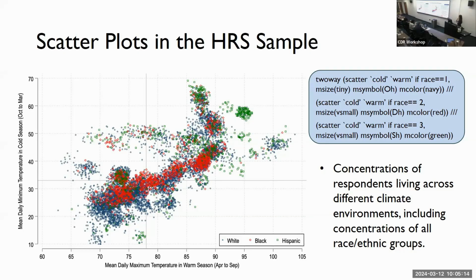And another important thing is it also has a decent concentration of all racial ethnic groups, so that we can ensure that our findings are not just about Black people living in a certain area or white people living in a certain area. We actually have enough power to compare similarities and differences across the different environments or groups.